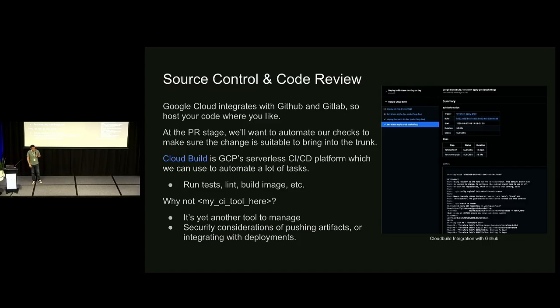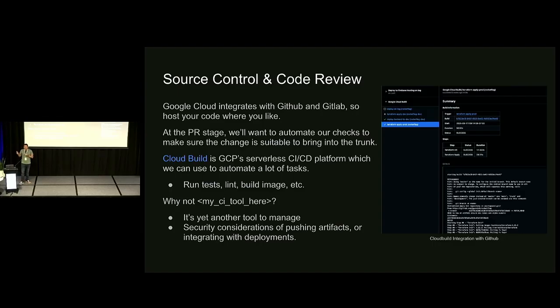But you might ask the question, well, why not my CI/CD tool here? I've got BuildKite, or I've got GitHub Actions, or something like that. It's a good question, and it is tempting to use those tools, especially if they're just running tests on the code. You may want to do that, but it is another tool to manage. And if you're doing this at any kind of scale, it's just another case of tool sprawl.